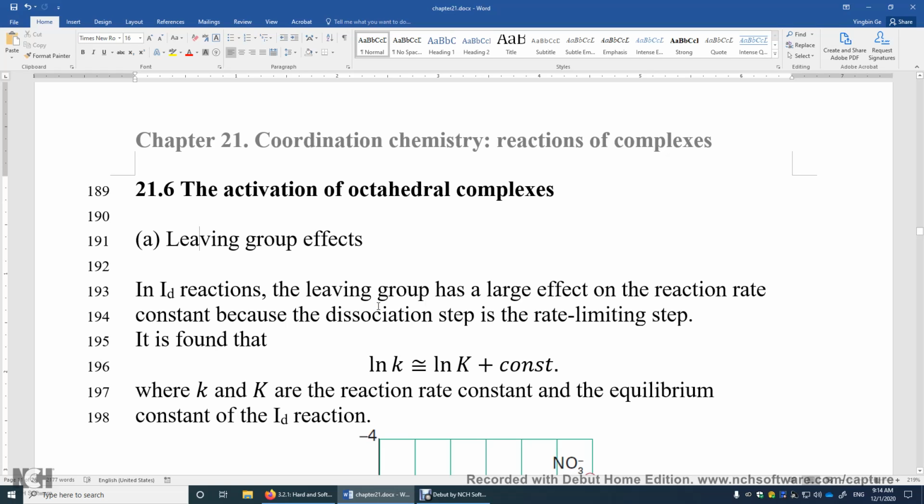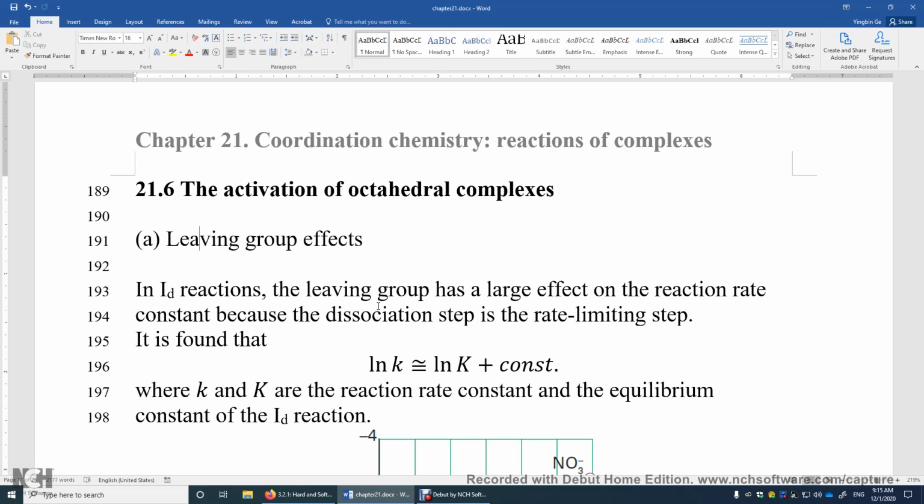On the other hand, if you do experimental analysis and you find the reaction rate constant remains approximately unchanged no matter what leaving group you're using, that means this dissociative step is not the rate limiting step.